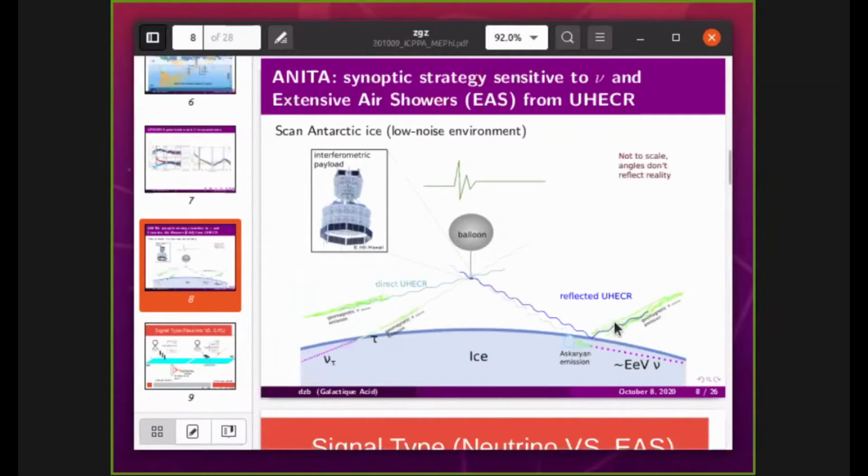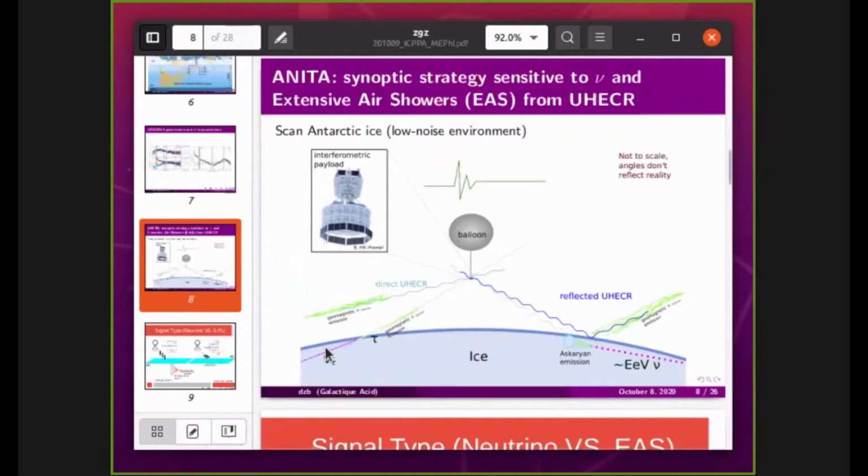When they reflect on the Earth's surface, on the ice surface, that signal should undergo an inversion of its polarity, which turns out to be very important. Signals coming up from the ice, for instance, from a tau neutrino, will suffer no such inversion, and there you get a direct signal from an in-ice interaction of a neutrino.